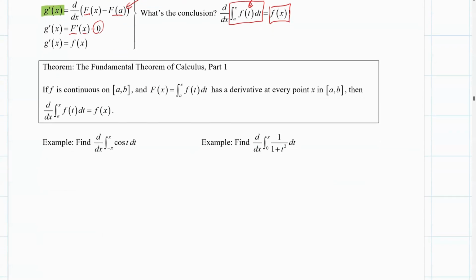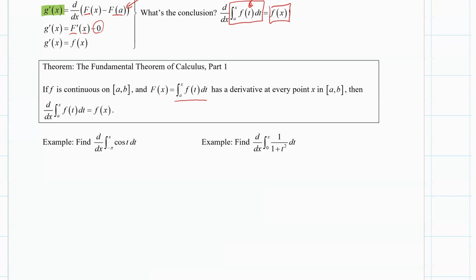Let's tie it all together. Fundamental theorem of calculus part 1 says that if I have some function given in the form of the integral from a to x of f of t dt, then the derivative of that expression with respect to x is simply f of x. So how easy does this make our life in some circumstances?